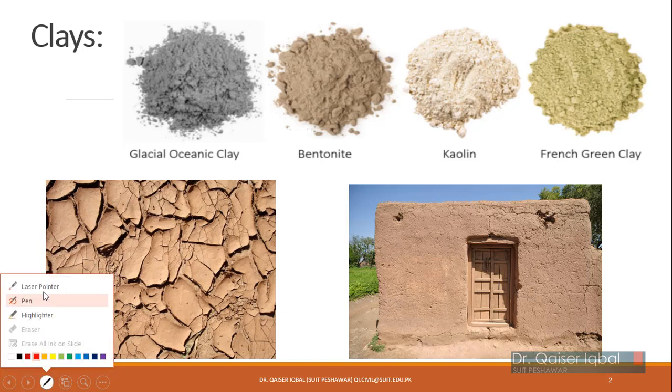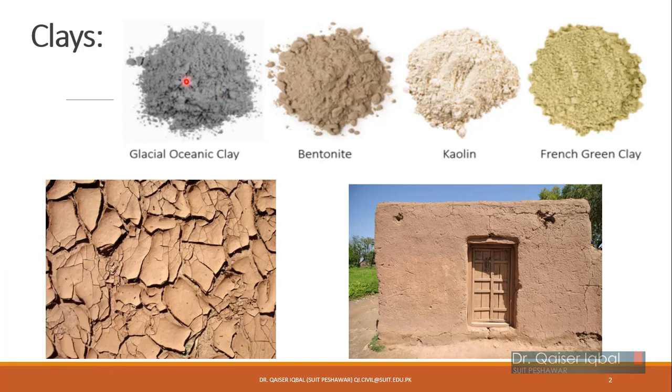glacial oceanic clay, which is darker in color, obviously because of the water effect. Then you have bentonite, which is usually used in drilling as a drilling fluid, drilling mud. It is a buff color, which you can see.